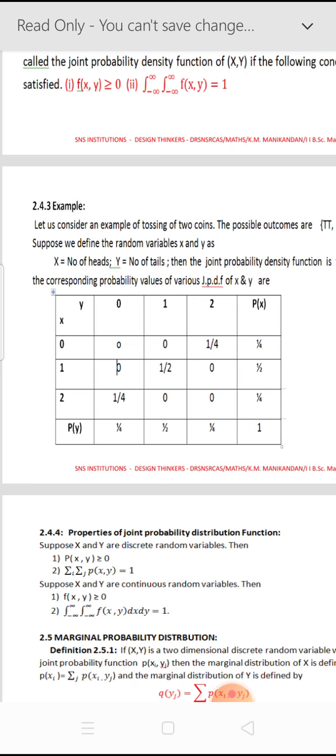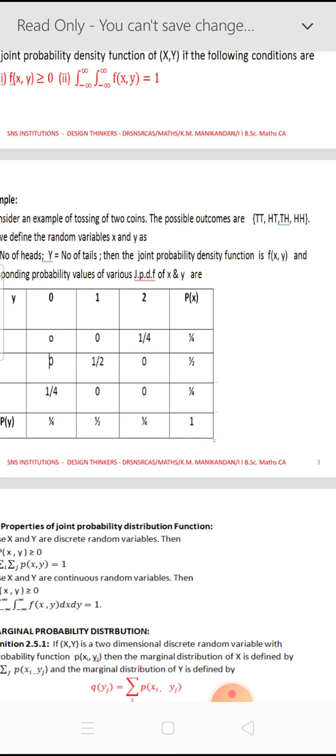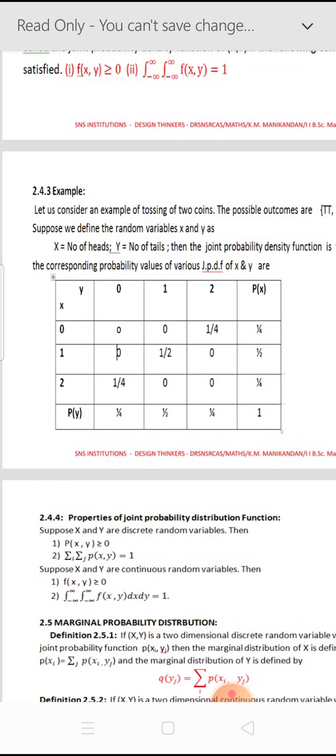Suppose we define the random variables X and Y, where X represents the number of heads and Y denotes the number of tails. Then the joint probability function is f(x, y), and the corresponding probability values are listed in the table.